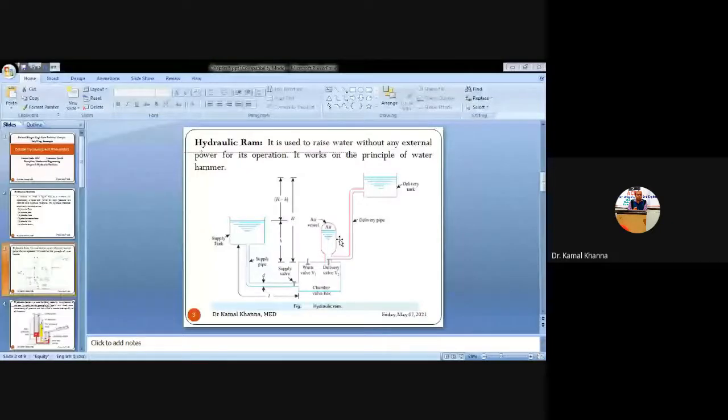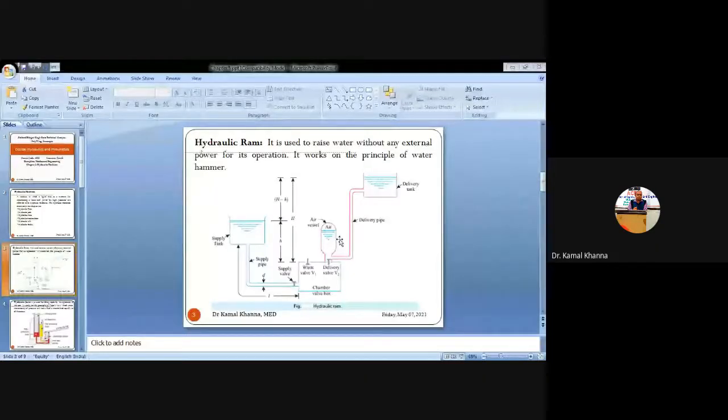As soon as the chamber valve box is fully filled with water, the waste valve will automatically close. You can see the direction of the waste valve and delivery valve is vice versa to each other. As soon as the water is completely filled and there is no air left in the chamber valve box, the waste valve will be closed.